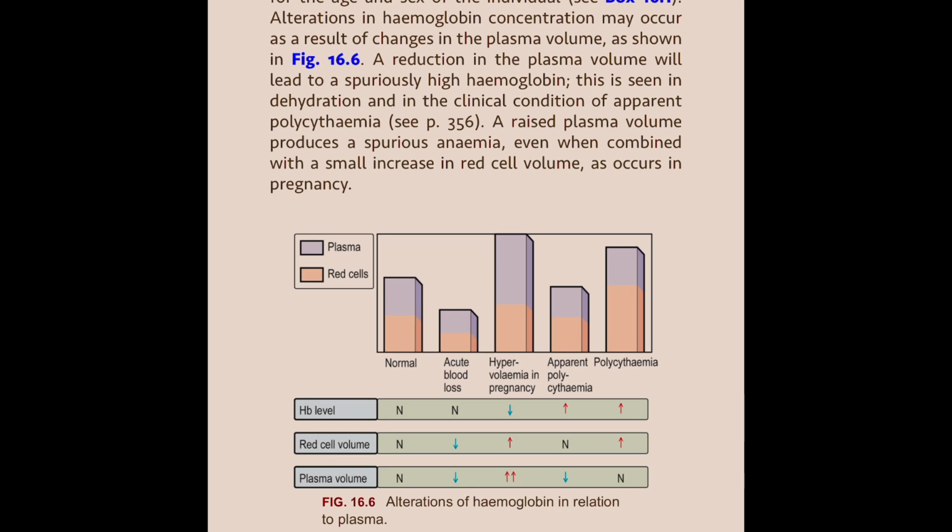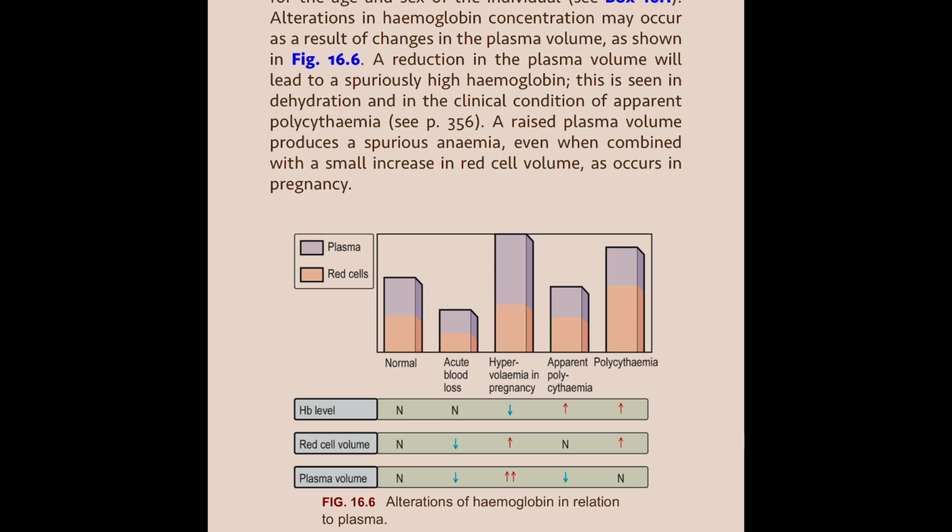A reduction in the plasma volume will lead to spuriously high hemoglobin.